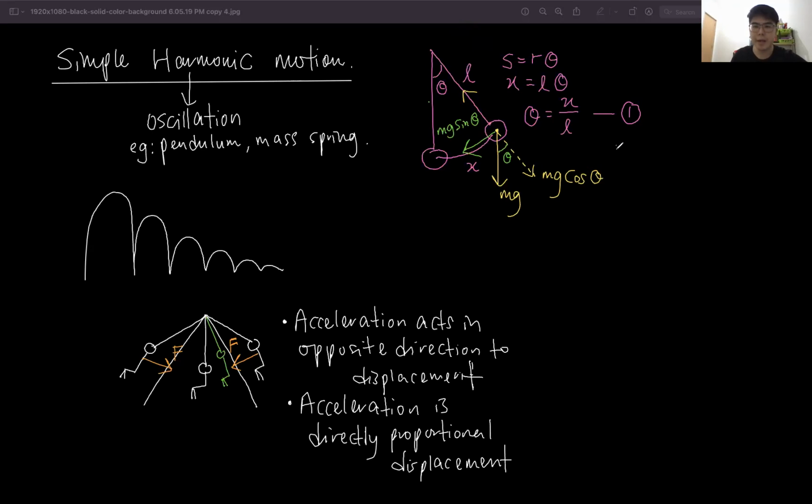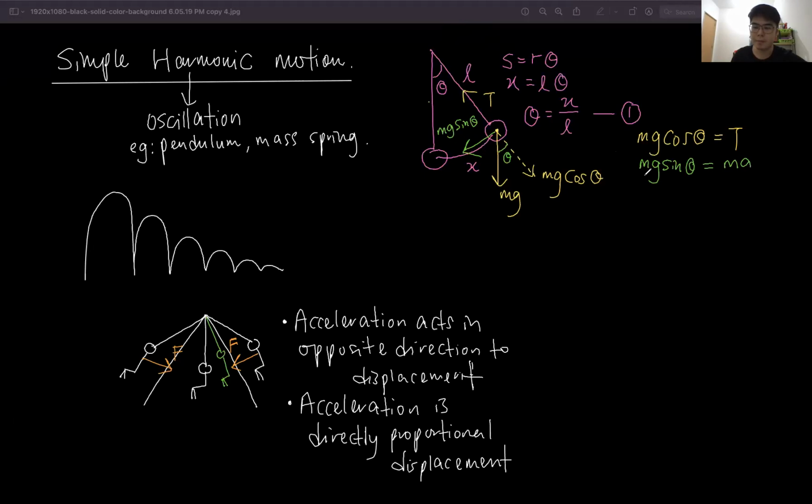We know that mg cos theta is balanced by the tension. And then we have the mg sin theta; is it balanced by any other forces? No forces, right? Only that one. That means that it is the net force. So this one becomes ma.